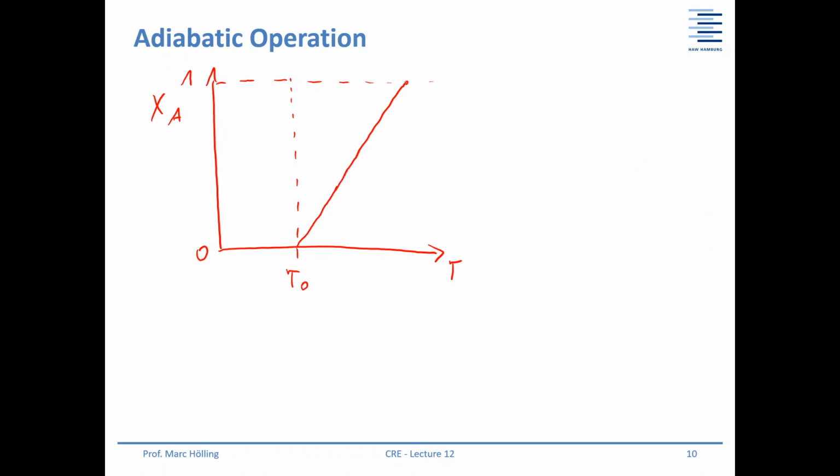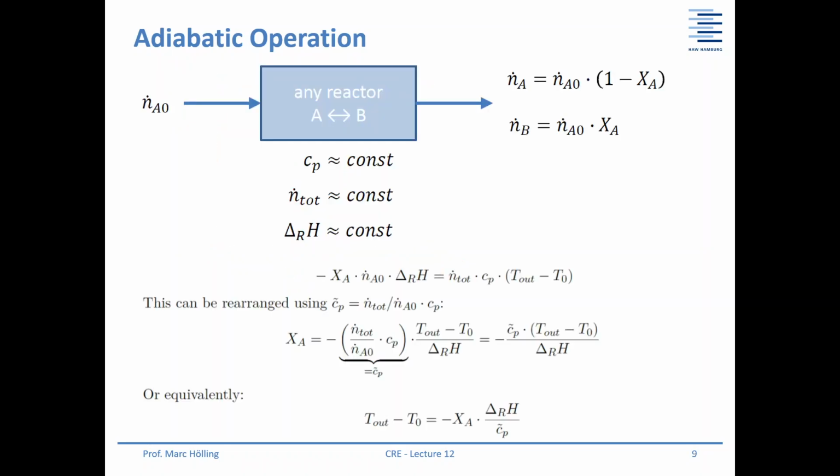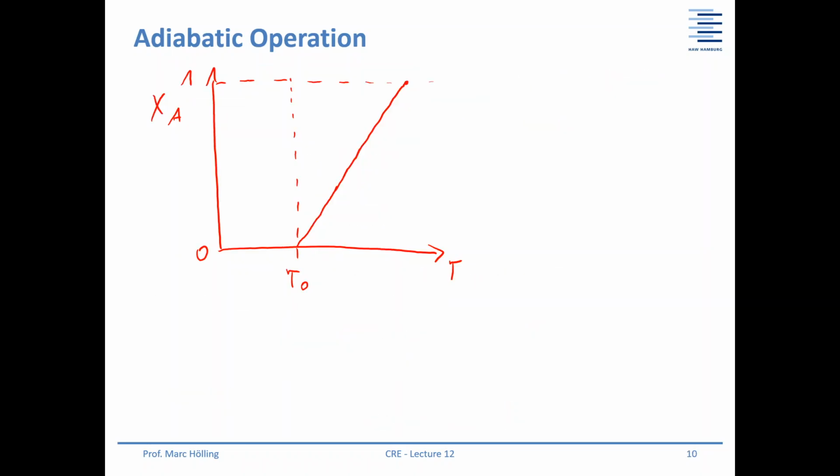You have it like this, and this you can calculate by minus delta RH divided by Cp tilde.